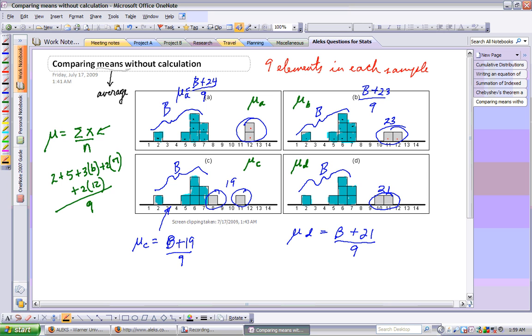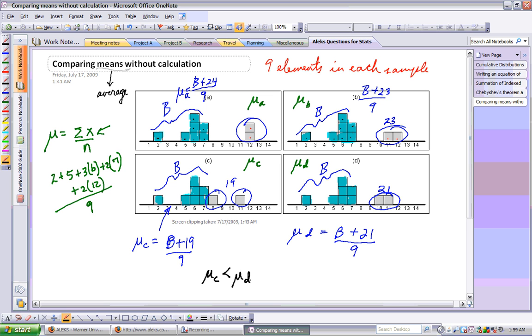So we can write our answer two ways, putting them in order. We can say that the mean of C is the smallest, so we put the arrow that way. What's the next smallest?